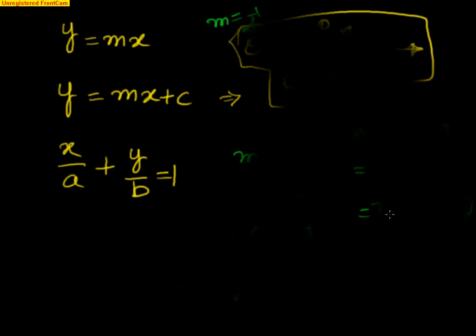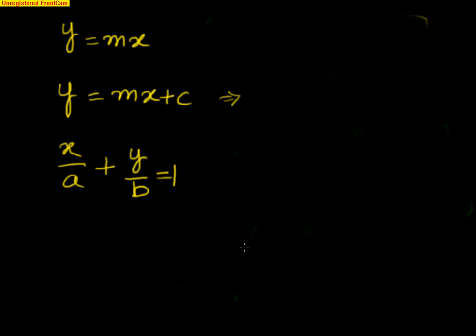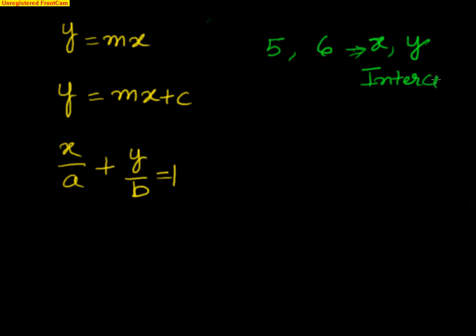We'll continue in the next video where we will go through some more forms of straight line equations. Now let's do one sum on two intercept form because we haven't touched it till now. Find out the equation of the straight line which is making 5, 6 as x, y intercepts respectively.